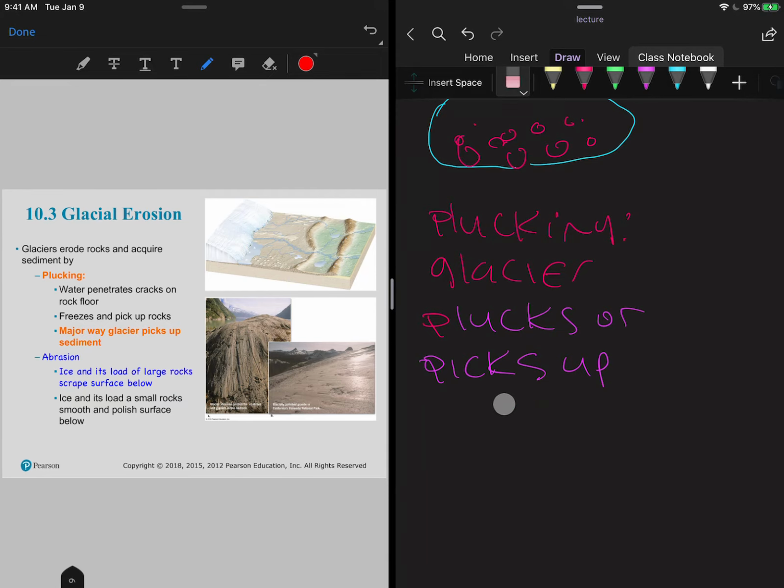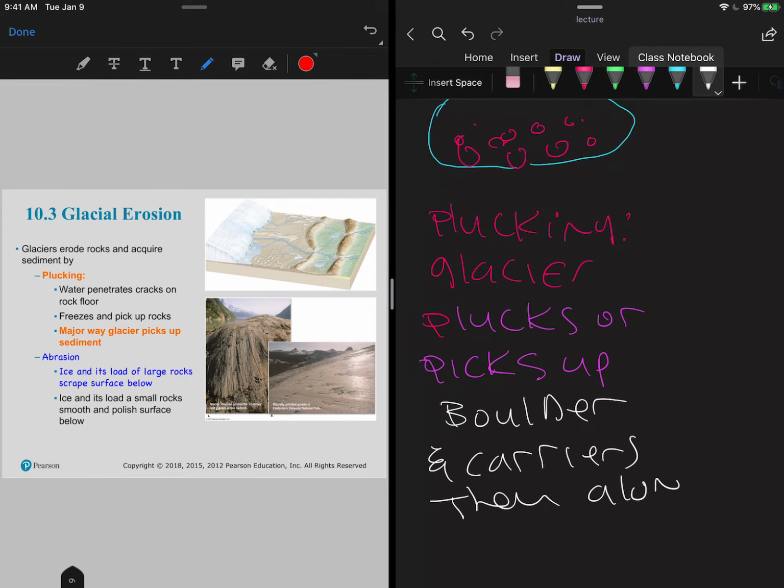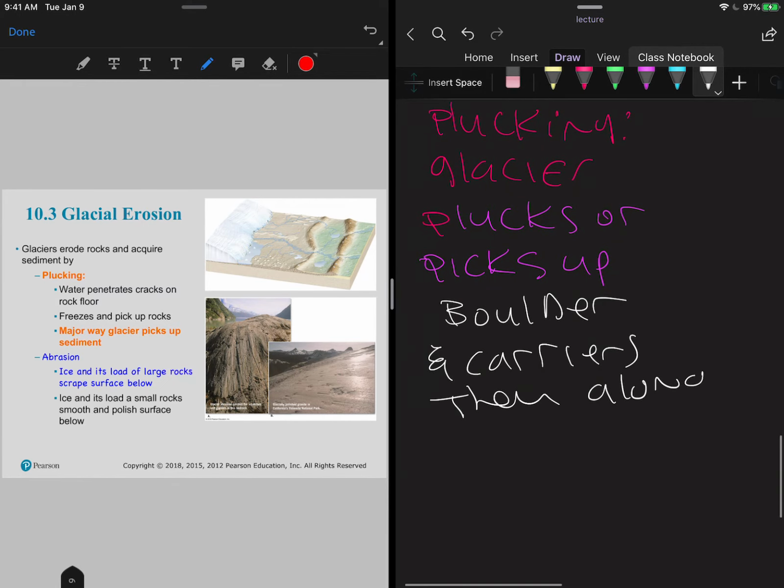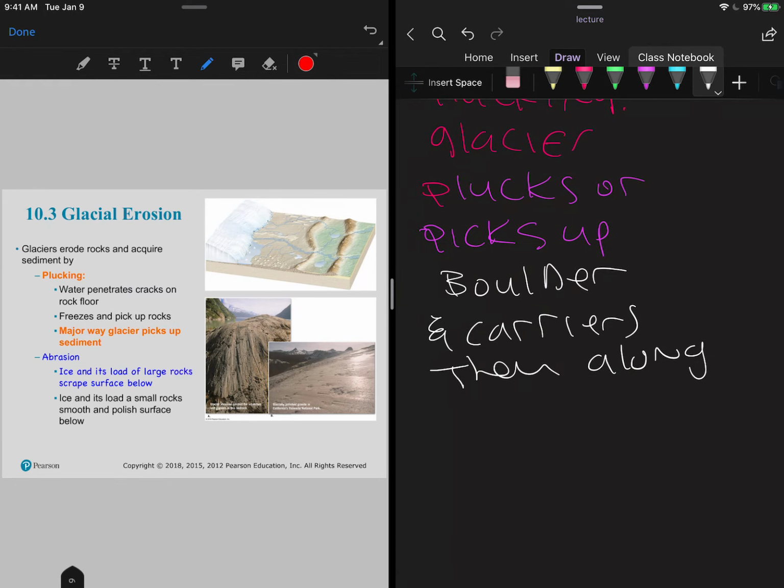It's probably a better way to get an idea. So it picks up boulders and carries them along. And so this is the major way that glaciers pick up sediment.